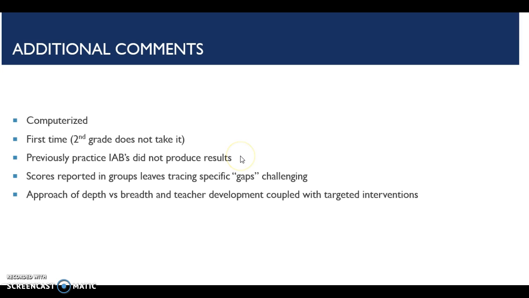Also the scores that come back to us are reported in groups of standards. You're seeing even on this report ELA and math only. I think there is a little bit more detailed report that comes to our site admins, and I've seen some because we were reflecting with them as teachers, but it's still not that specific to where you can trace something back to a strand itself. So I've been thinking on ways to be able to gauge this.